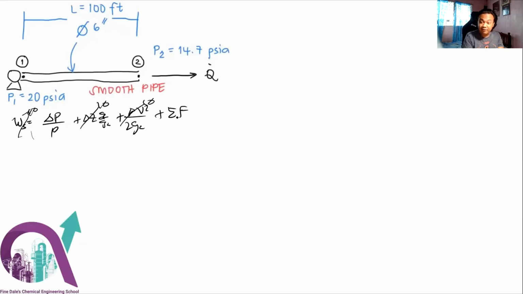And also the F, which is the summation of F. What does this actually contain? You have FL, which is the friction along the length of the pipe, and then FV, the fittings and valves, and FC, sudden contraction, and sudden expansion.